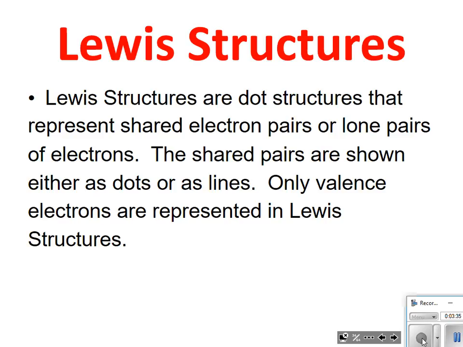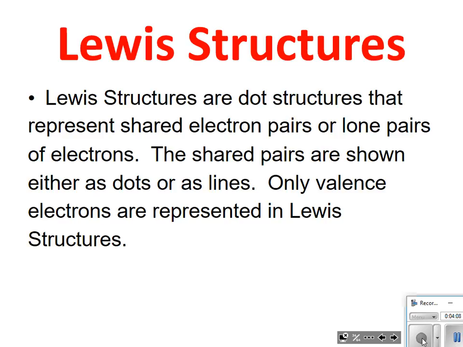A Lewis structure is a dot structure that represents shared electron pairs or lone pairs of electrons. The shared pairs are represented by either dots or lines. We called them dashes yesterday or 2 days ago. Dots, lines, or dashes.